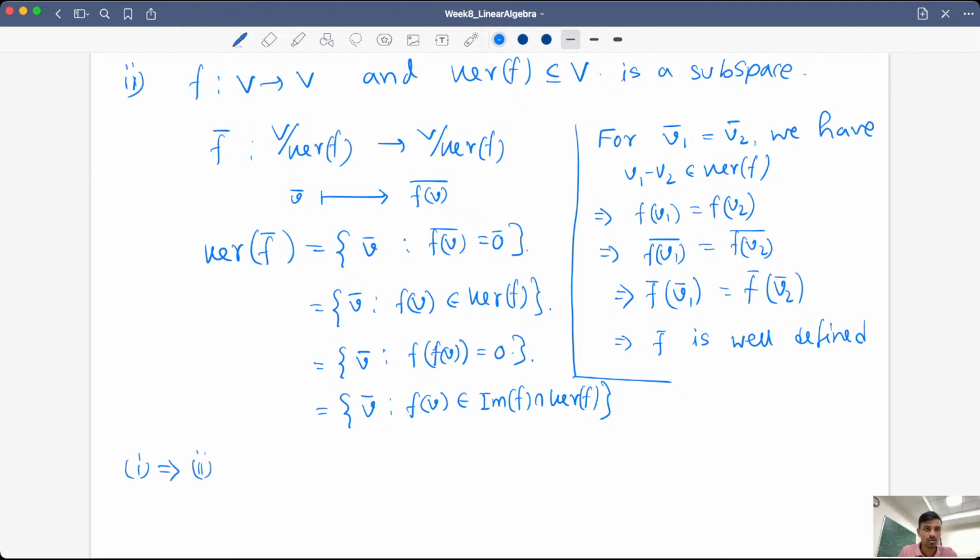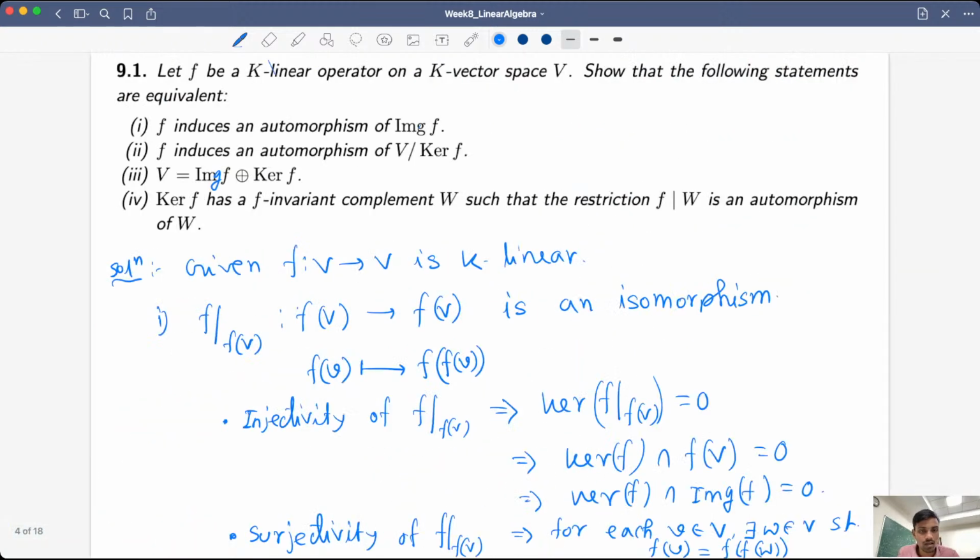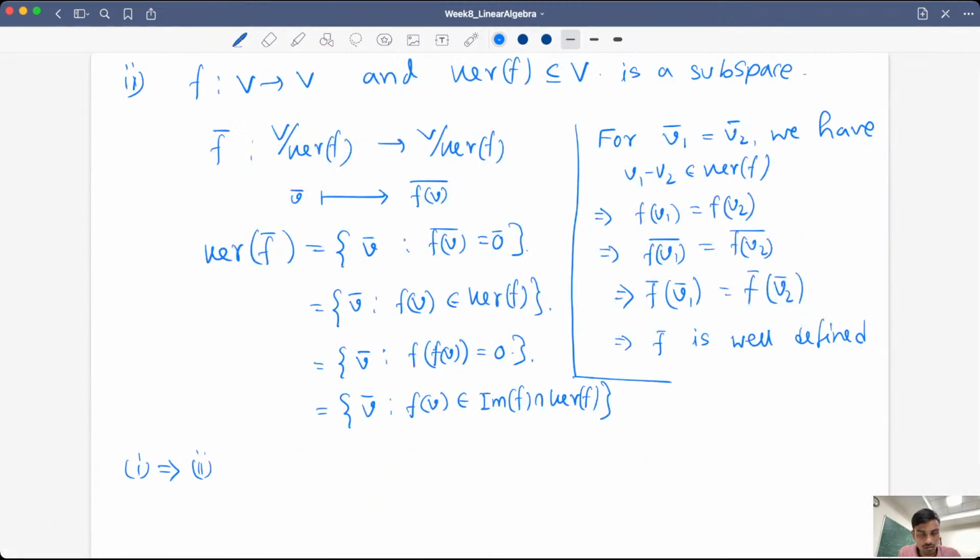How do we show this one? 1 implies, so the image of f intersection kernel f, this is again zero. So the image of f intersection kernel f is 0, so this implies that the kernel of f bar equals all v bar such that fv equals 0.